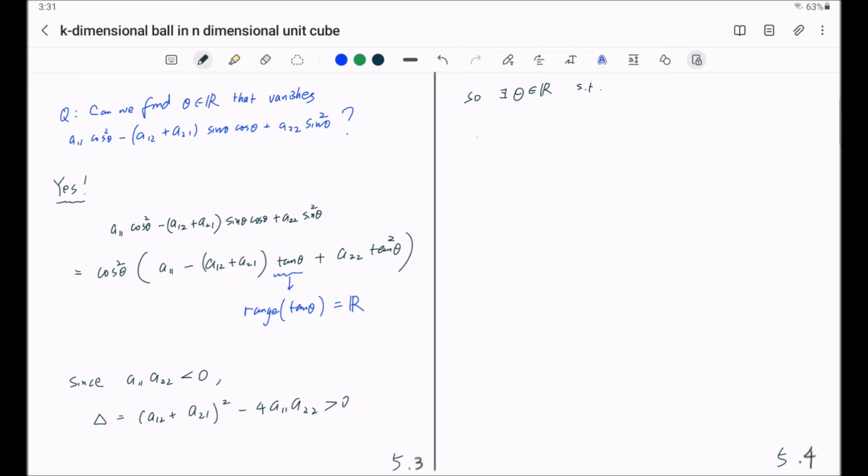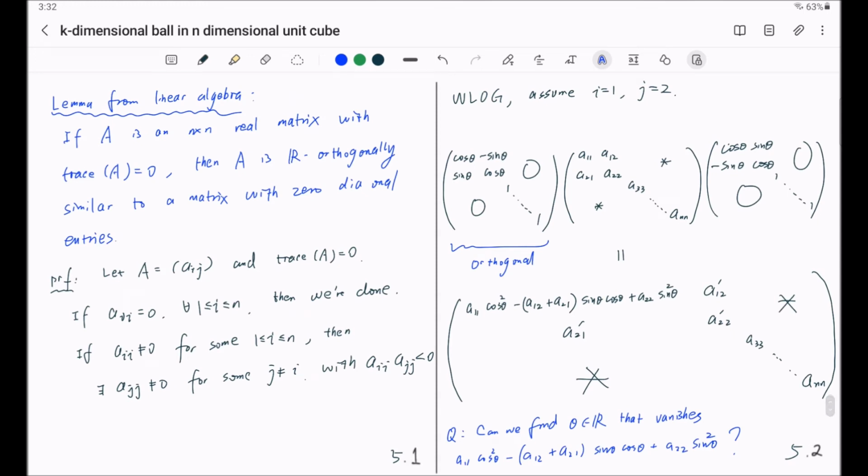There is a real solution. And this answers our question. We can find theta that vanishes this part. So we can carefully choose a theta that will make the first entry vanish.